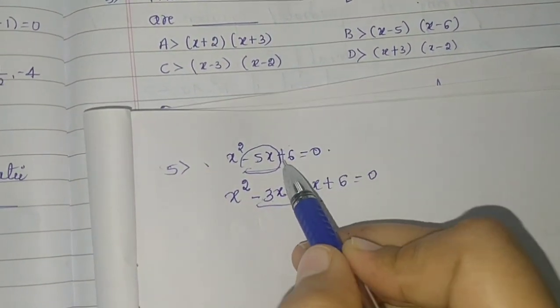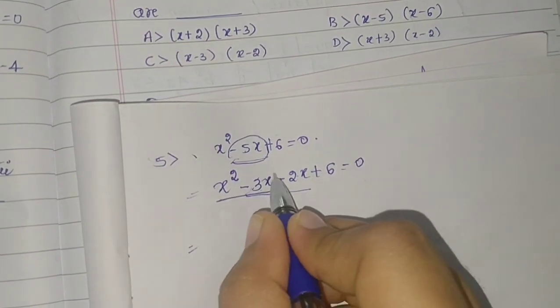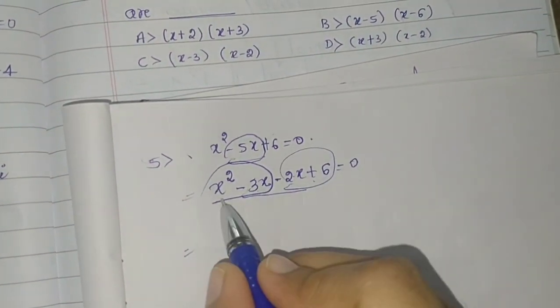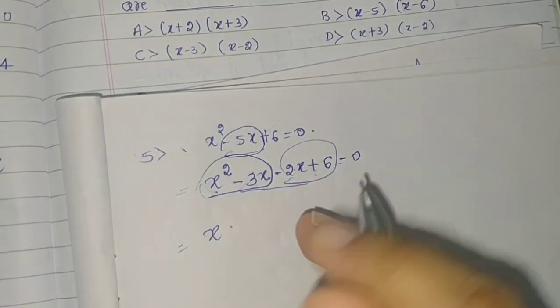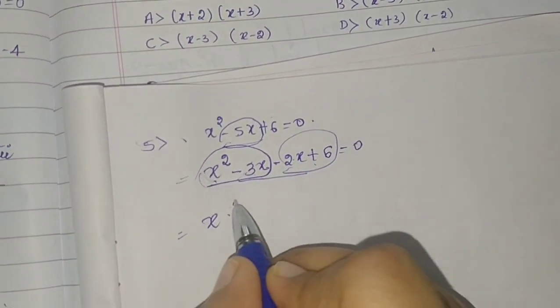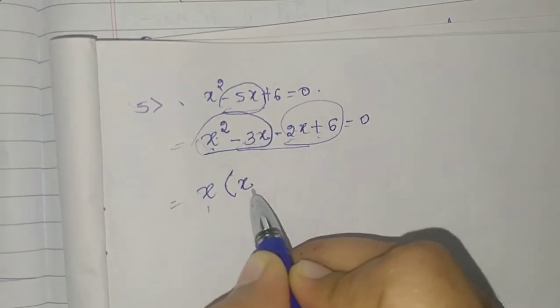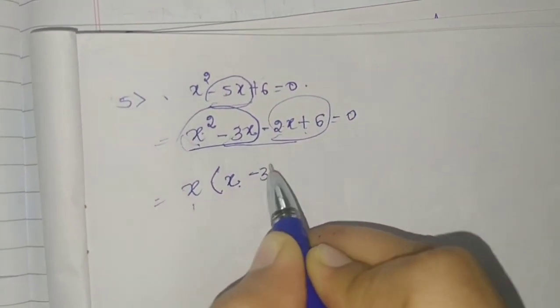Now the next thing is you have to take the common factor. From x square minus 3x, x is common. What is remaining? 1x already we have taken out, so x is remaining, minus 3.